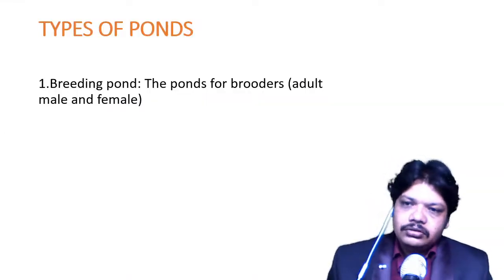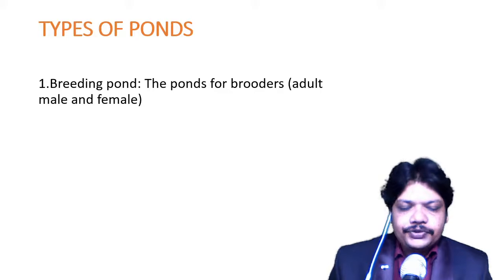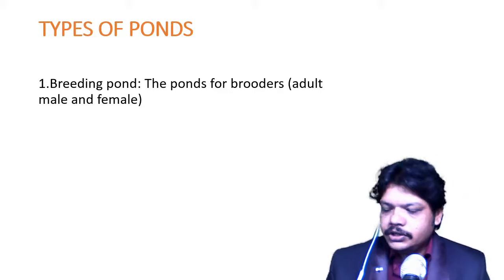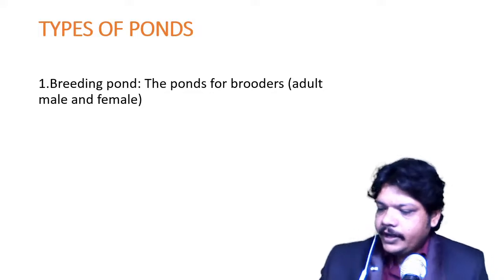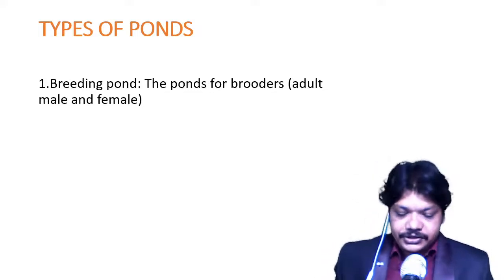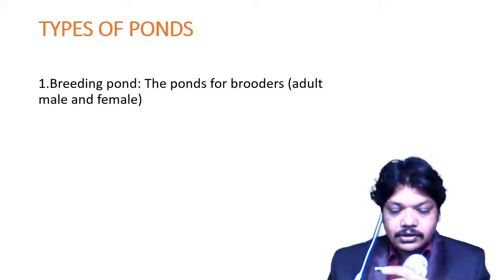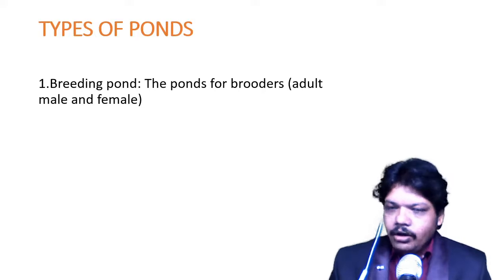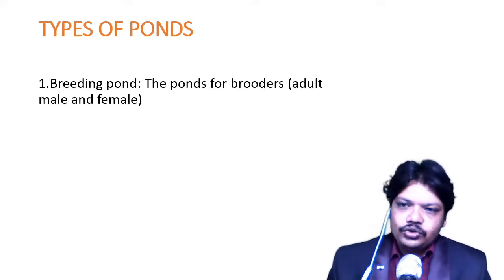We saw that there are 5 or 6 types of fish ponds. The first type of fish pond is the breeding pond. What actually happens in the breeding pond?